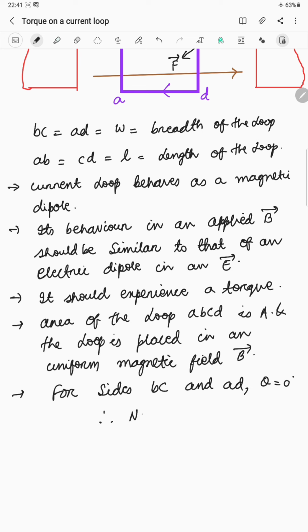Therefore no force will fall on them. No force.